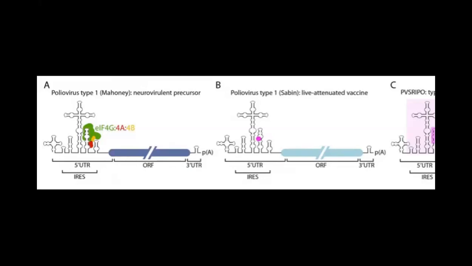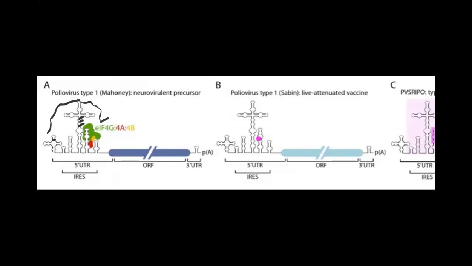Now, there's topology here in the 5' untranslated region where there are complementary connections taking place. These are called hairpins. It creates a three-dimensional structure.